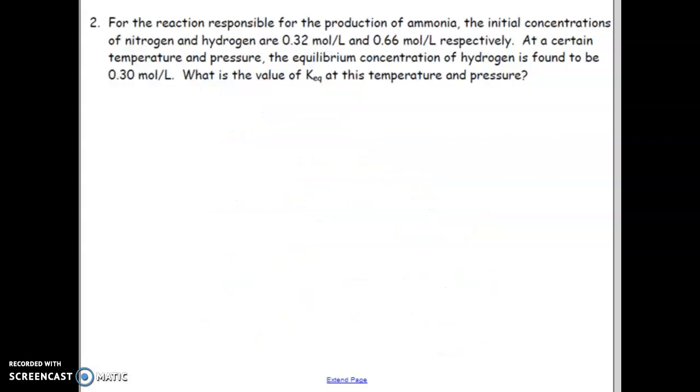Okay, so let's look at another example here. It says, for the reaction responsible for the production of ammonia, the initial concentrations of nitrogen and hydrogen are 0.32 moles per liter and 0.66 moles per liter respectively.